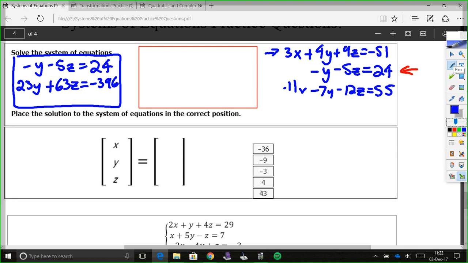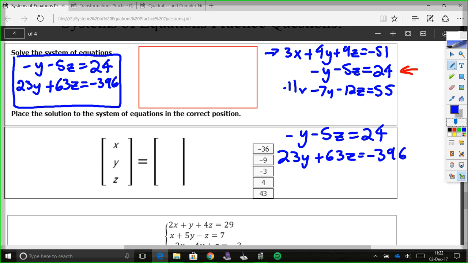Now we're going to use elimination method on that system and find out either y or z. So let's see, we've got negative y. I'm just going to copy them down. You don't have to do this again. I'm just going to do this because I have more space over here. The first equation, I'm just rewriting it. The second equation, I'm just rewriting it. 23y plus 63z equal to negative 396.